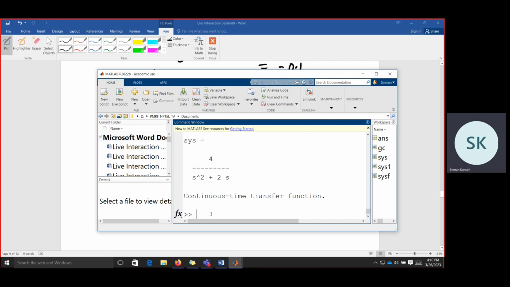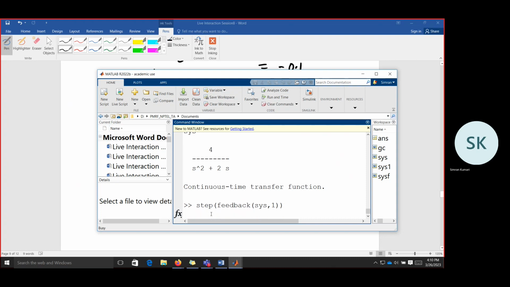Earlier we had this system, just this one, and we have this closed loop feedback with unity gain. So we get a step response of the feedback with the forward path shift, and this one gain, feedback of 1.